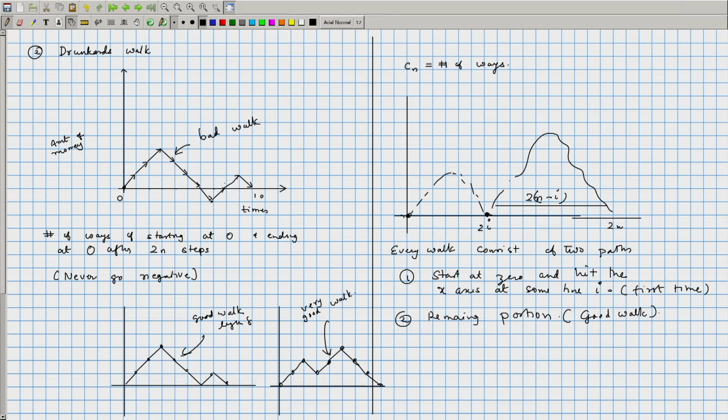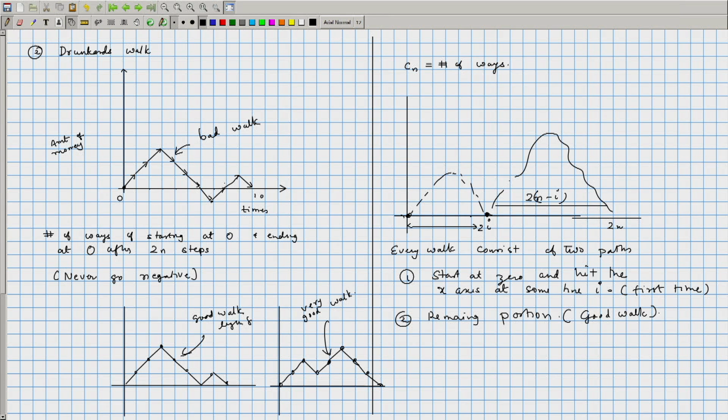Okay. You take any good walk of length 2n minus I, put it here in this region between I and 2n, and take these two portions, you will essentially get a good walk. Whereas, if you take this region 1 to I and replace it with a good walk, you will not get something of the kind that we are talking about, because what we want here is that the walk should not have touched the x axis at any point of time.